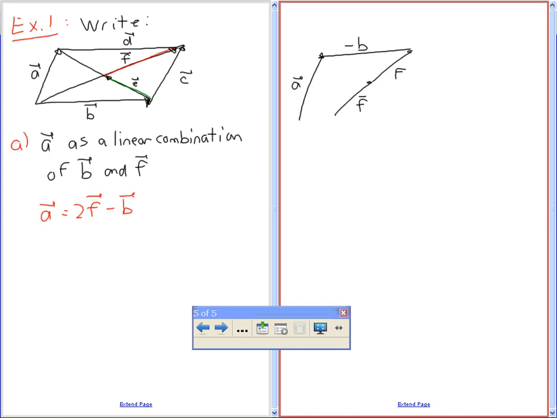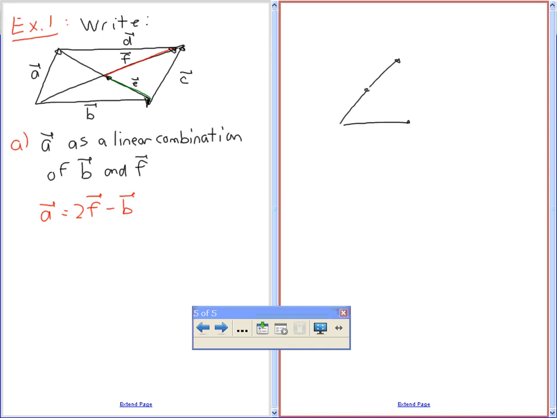Why can't you just put it down there? Yes, if you can show that A and G are the same. If you add this plus this, it'd be going further to the right though, right?